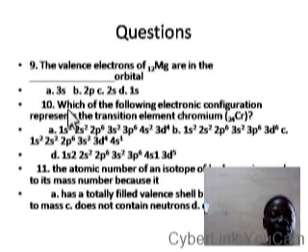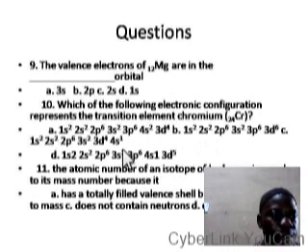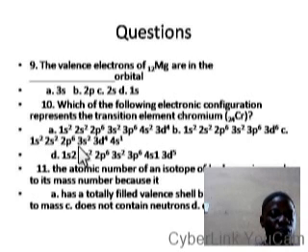Next question, question 10. Which of the following electronic configurations represents the transition element chromium? Chromium with the atomic number of 24. If you write the electronic configuration, you will discover that it will end with 3d. So it will end with 3d4, and that is option C here. 1s2, 2s2, 2p6, 3s2.